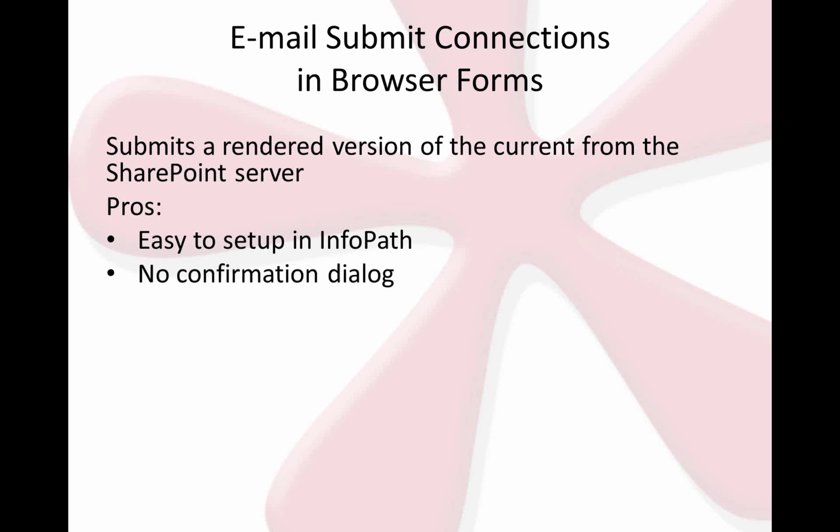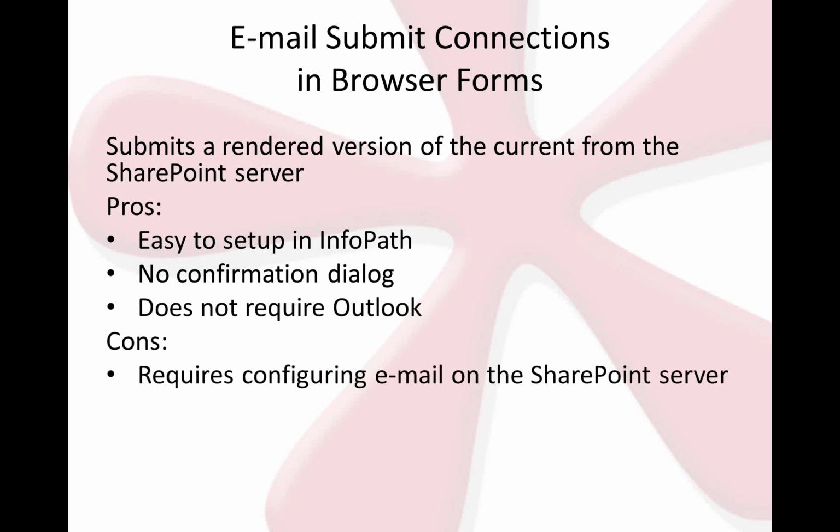It'll just send without any notification. It does not require Outlook or setting up anything in an email client. But some downsides are that it requires configuring the email on the SharePoint server, the outgoing email that is, and the from address cannot be configured.